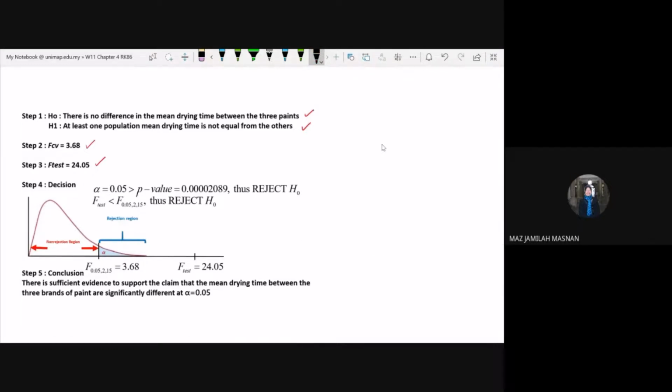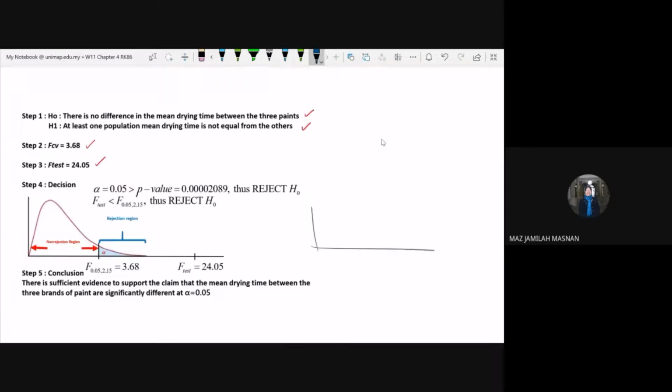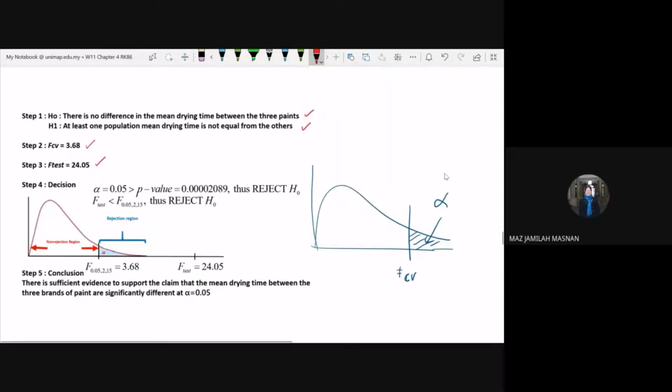If you are using your alpha and P, remember just now we have this. This is your alpha, and then this is your FCV, and you will have your F test somewhere over here.